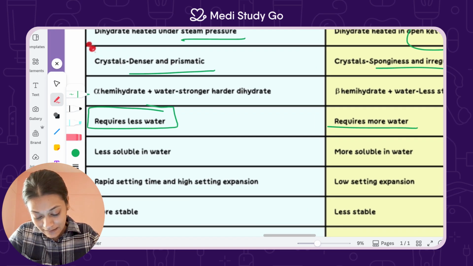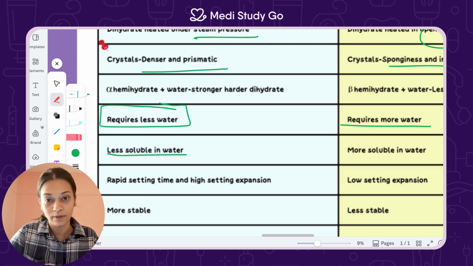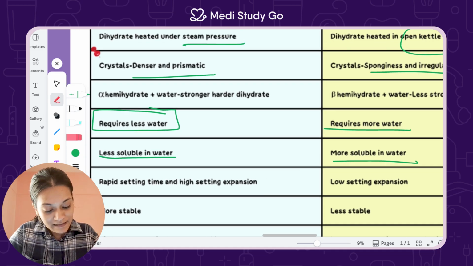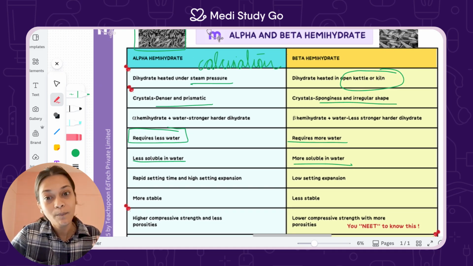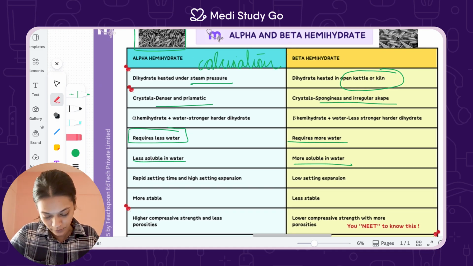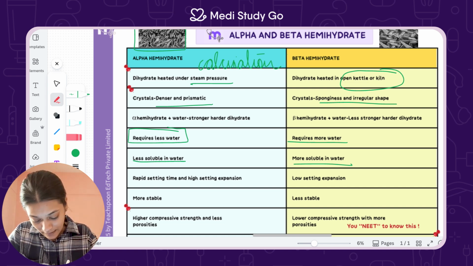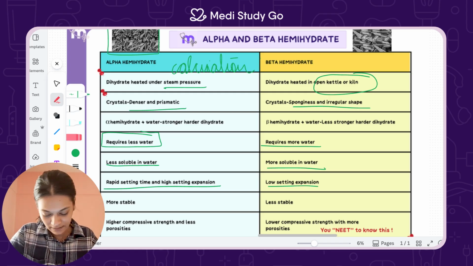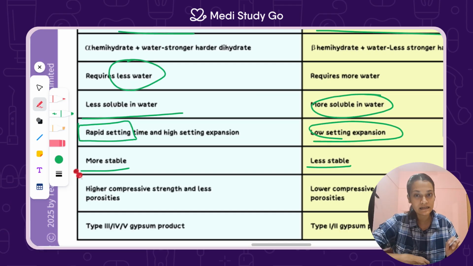And the other thing is that obviously alpha is less soluble. There is no interatomic space, or the space is lesser, when compared to your beta hemihydrate, which requires more water and is more soluble. At the same time, the setting reaction is really rapid, while there is low setting expansion for beta. Beta is less stable. Alpha is more stable.